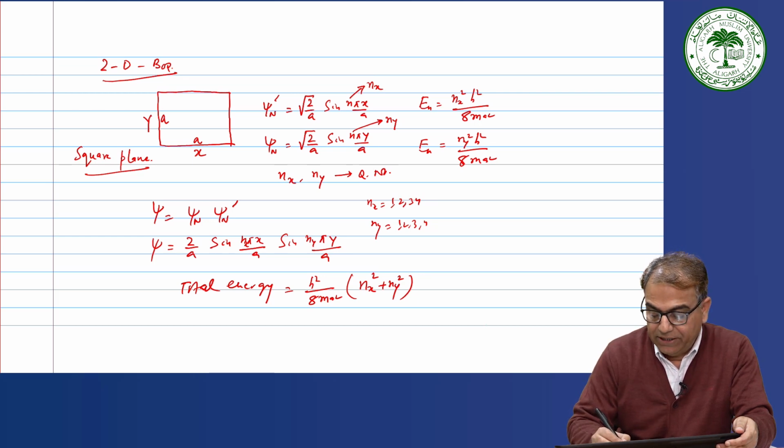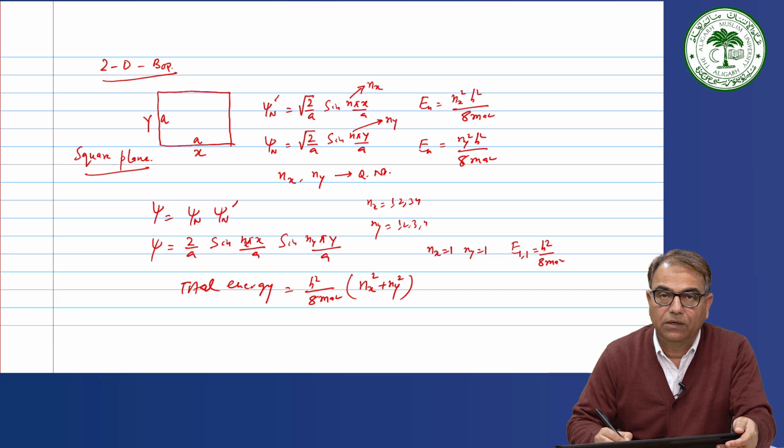If you put nx equal to 1 and ny equal to 1, you get E11, and that is h square divided by 8ma square.